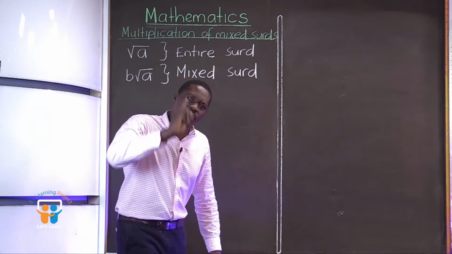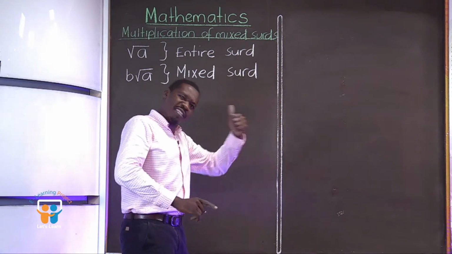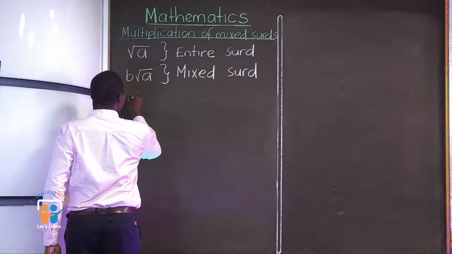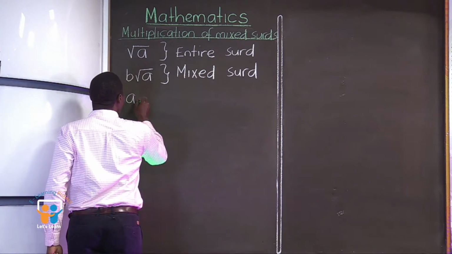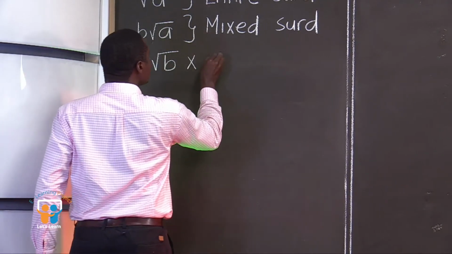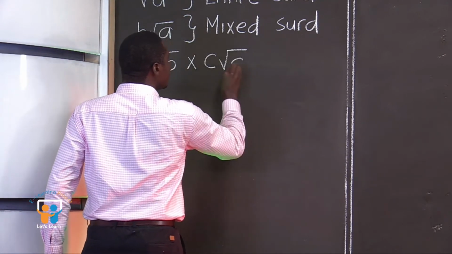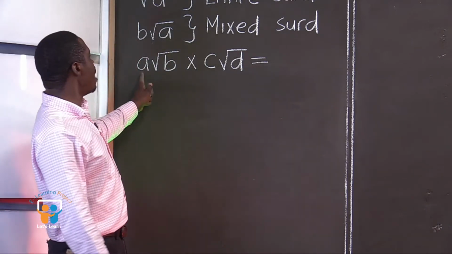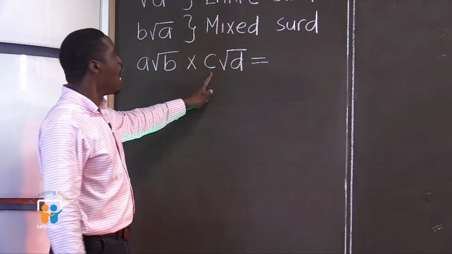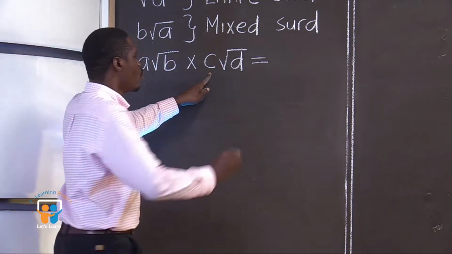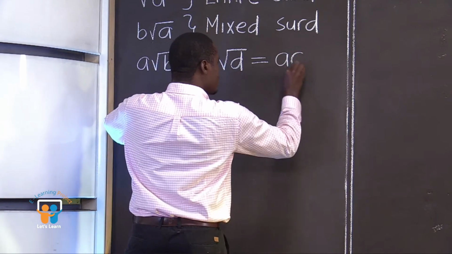According to one of the rules and regulations of surds, I remember I told you that if you have, let's say, a root b times c root d, you get the numbers outside the root sign and multiply them, a times c, to give you ac.